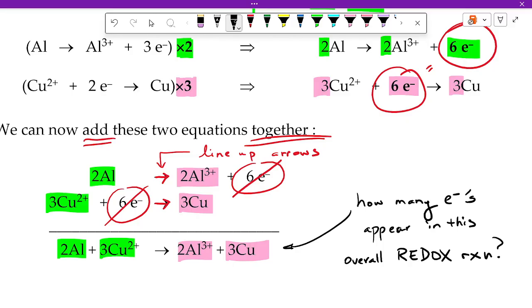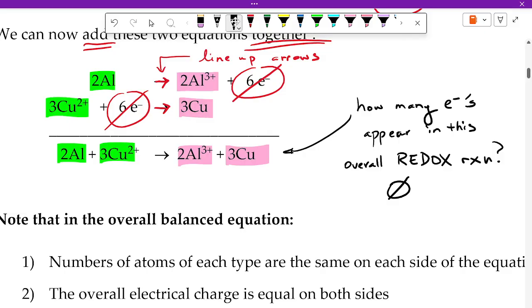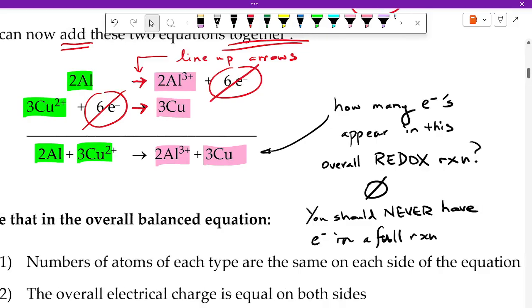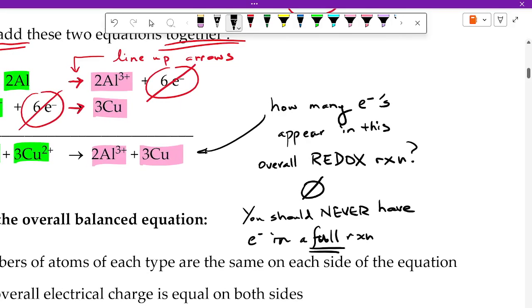You will see electrons in half reactions, but not in full reactions. So you should never have electrons in a full reaction, only in half reactions.